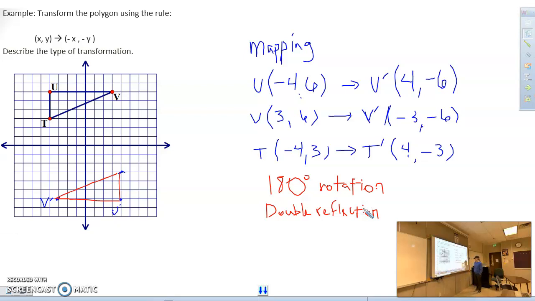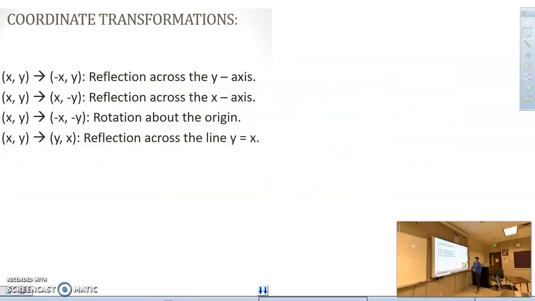Okay, so last thing. A couple other good rules that I actually just talked about most of. When you have x, y, and you only change the x sign, you have to think about that logically. If you have a shape here, you are taking all of the x values that are negative and making them positive.